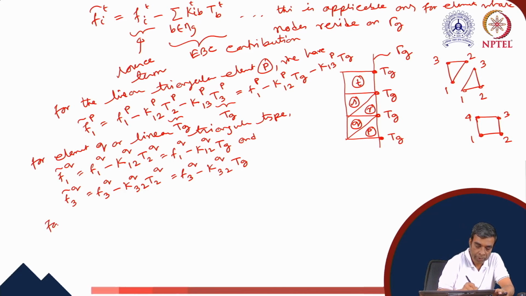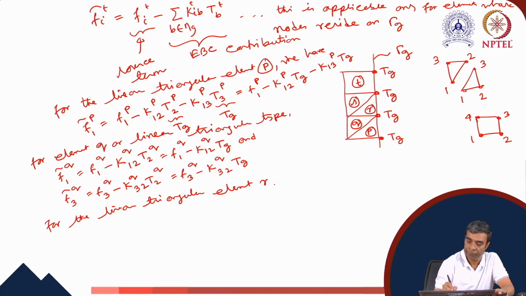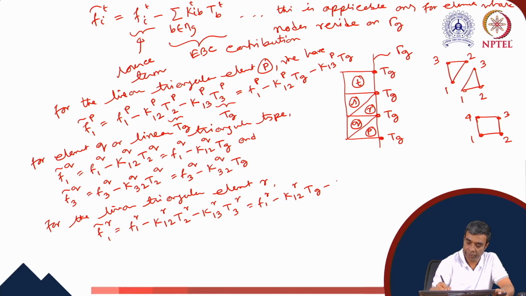In the same way, we can show the element contribution for element R. So we show it for the linear triangular element R. We can similarly have F1 tilde R equals F1R minus K12R T2R minus K13R T3R, which equals F1R minus K12R Tg minus K13R Tg.